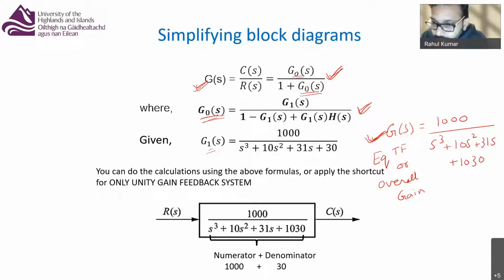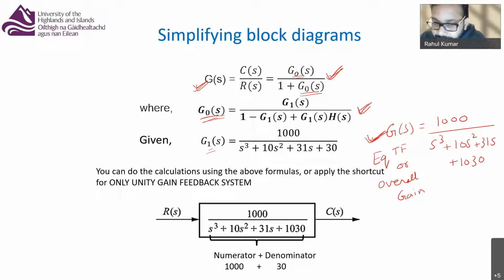If you look at the final or equivalent transfer function, you can see the numerator and the numerator of the rest are the same. You have 1000 divided by s to the power 3 plus 10s square plus 31s plus 1030. So a shortcut method would be to simply add the numerator and denominator.